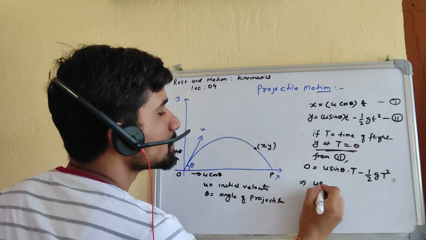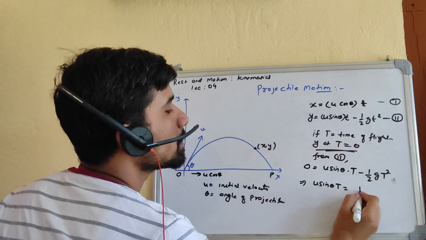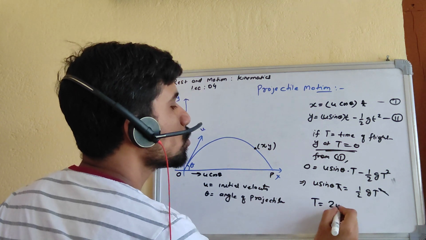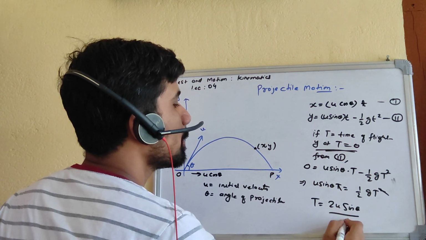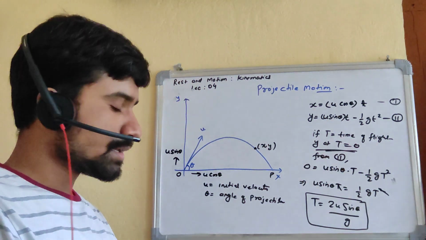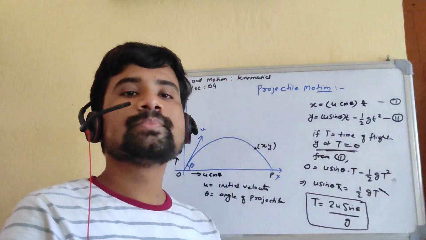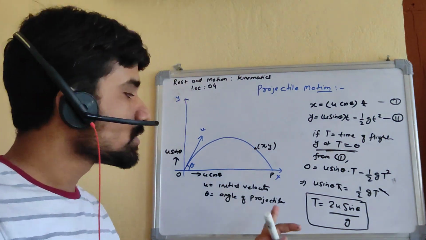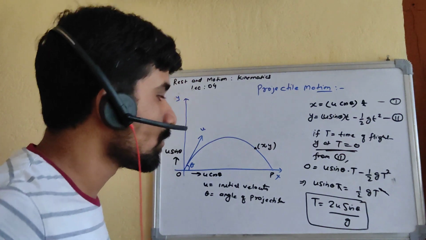If I solve this, T will cancel, and T equals 2u sin theta by g. This is the time of flight, the time for which the object will be in its course of journey.